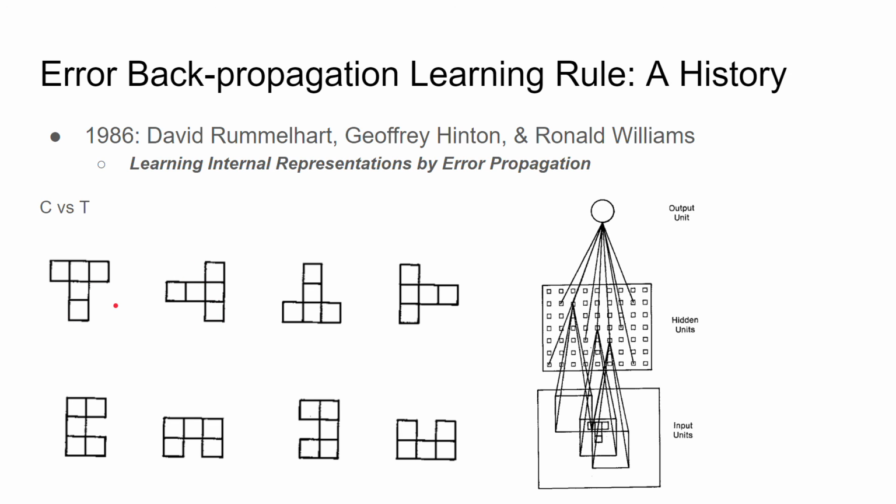That shape is either a T or a C, and the question is, can the networks learn to classify between a C and a T? Here they even structured the network differently, such that this feature is only sensitive to a particular set of the inputs. So we have some sort of structure there. Again, we can still apply backprop and it all works.